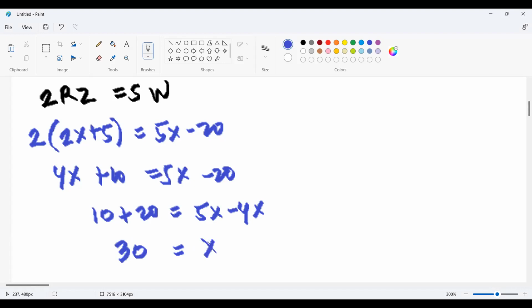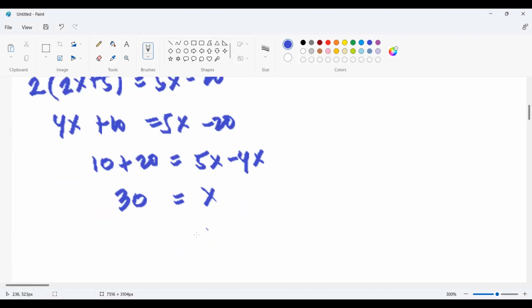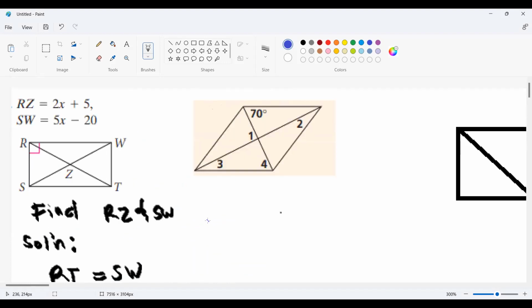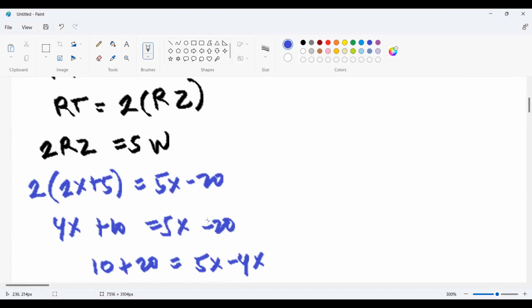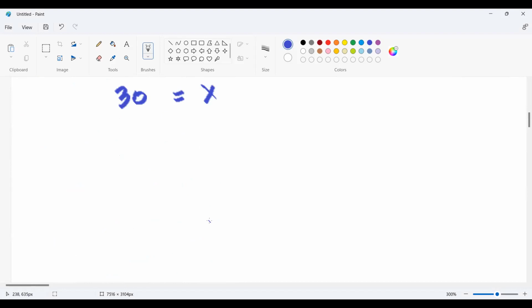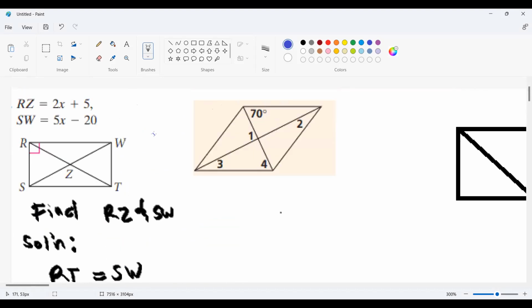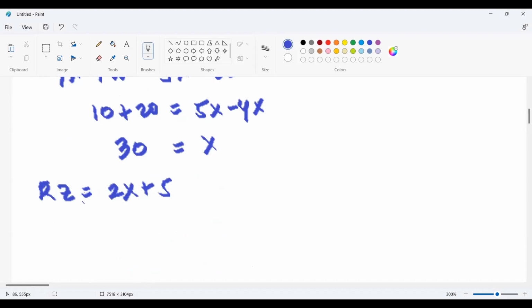So we have the value of x. Here, RZ is equal to 2x plus 5, so RZ is 2 times 30 plus 5, which is 65.